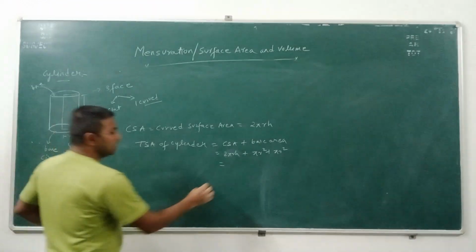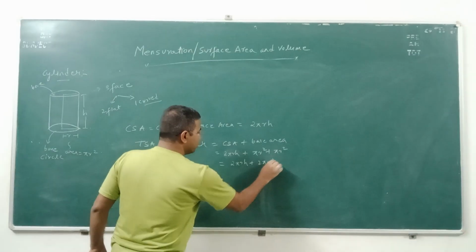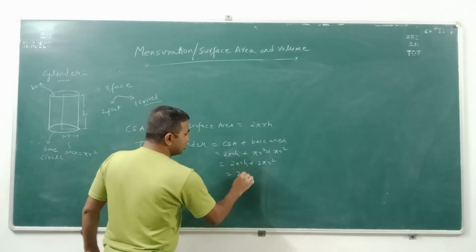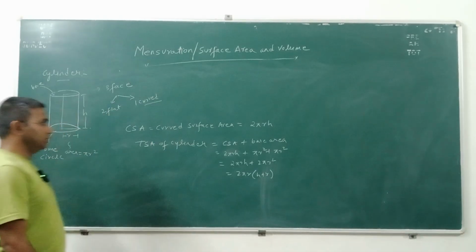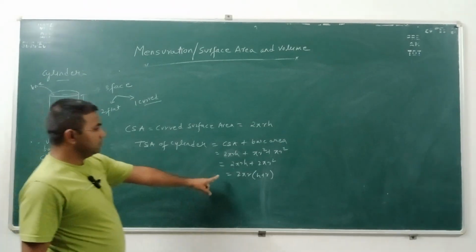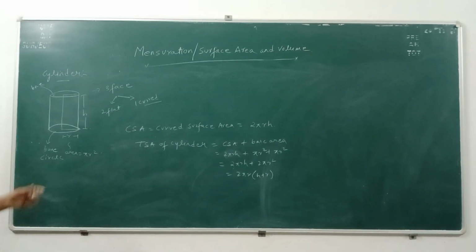When you add, you get 2 pi rh plus 2 pi r square. Taking 2 pi r common, in the bracket it will be h plus r. So this will be the TSA of cylinder: 2 pi r into (h plus r). In this way you will calculate the TSA of cylinder.